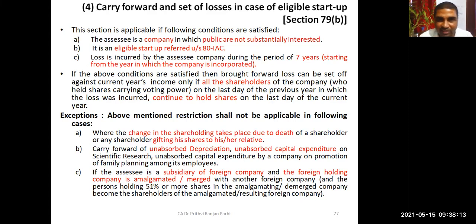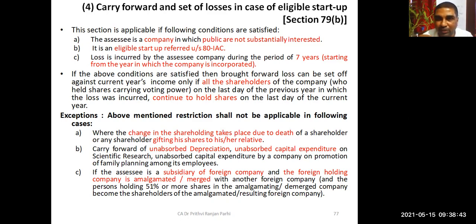If the above conditions are satisfied, then the brought forward loss can be set off against current year's income only if the shareholders of the company on the last day of the previous year in which loss was incurred continue to be the shareholders on the last day of the current year. If the shareholders are the same, then past 7 years' loss can be carried forward and set off against current year's income of the company. Understood?